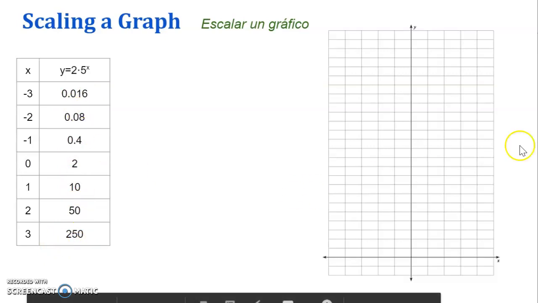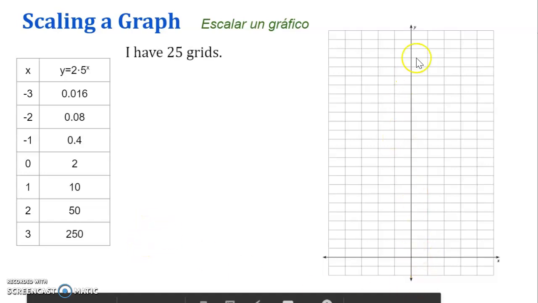Y is the vertical axis and x is the horizontal. In that case, how should we scale it? Obviously, if I scale the y-axis as 1, 2, 3, 4, 5, 6, 7, 8, 9, 10, 11, I am not going to reach 250. So I need to do something differently.